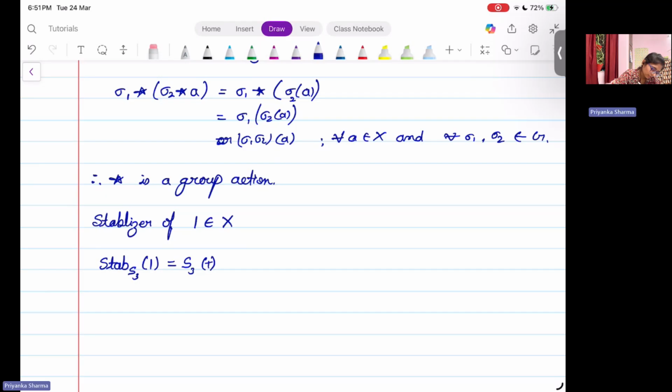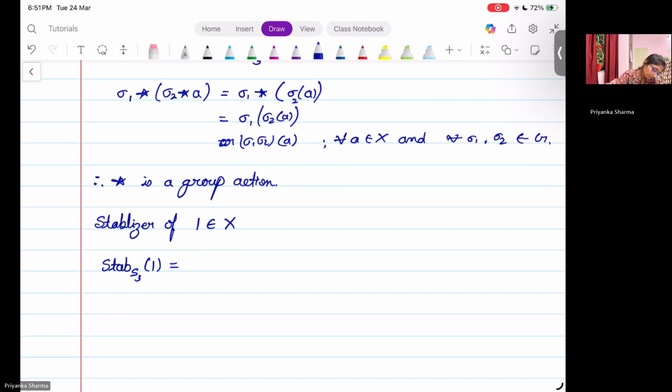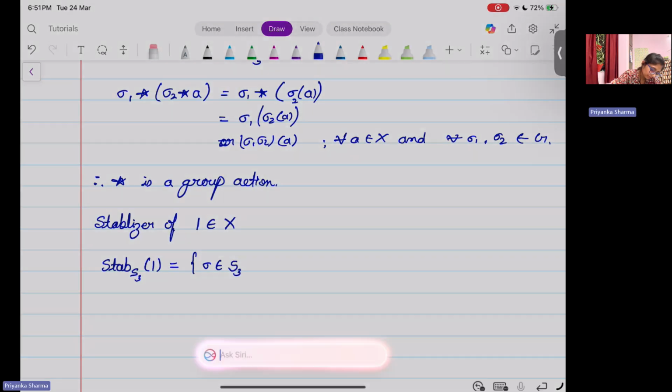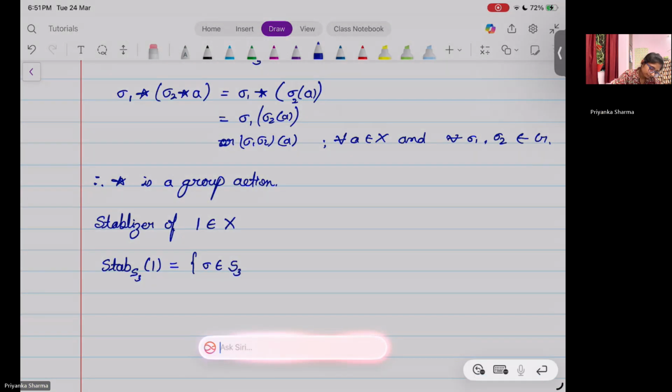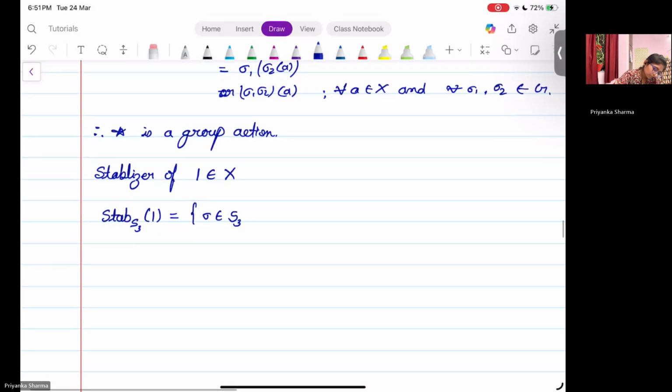Actually, this must be in subscript, and that will create some confusion, so that's why I prefer to use this notation this time. What will this be? This will be all those sigma belongs to G, that is S3, such that sigma star 1 is 1.